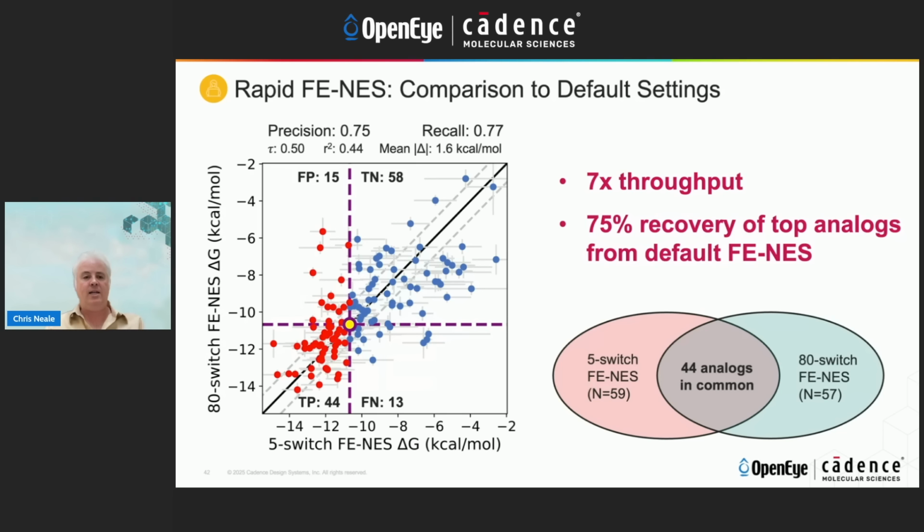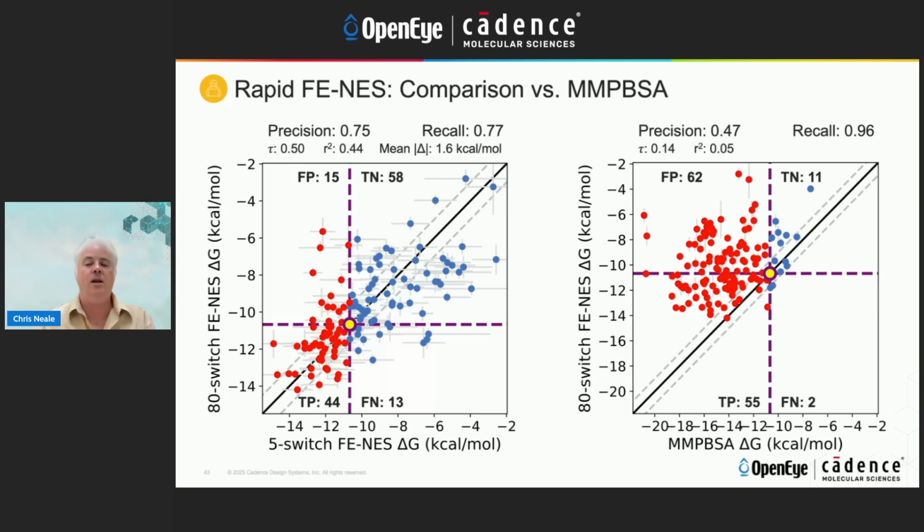We could always ask, right? We have this funnel structure for triage. Why would we use something as expensive as 5-switch FE-NES? Why wouldn't we just use MMPBSA for our triage? Again, I don't have the experimental data to show you which one is better, but what I can demonstrate on the right here is that single point MMPBSA is not a useful predictor of the RBFE predictions.